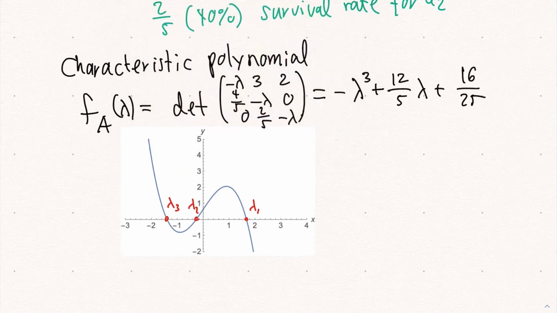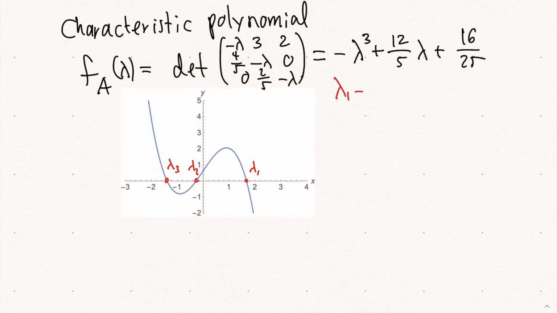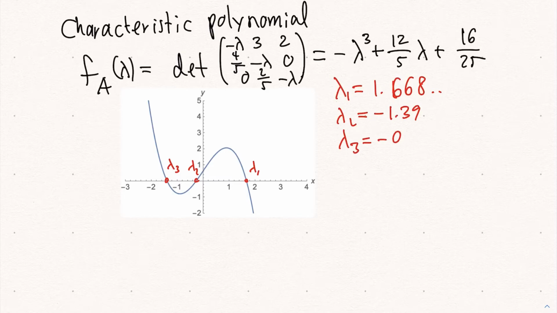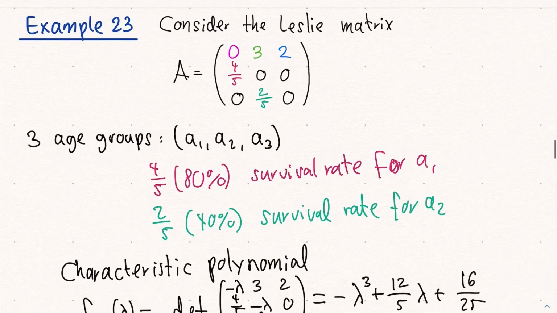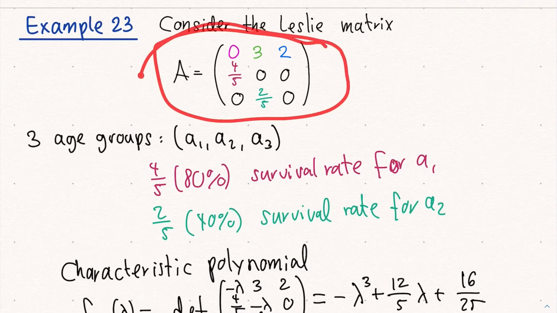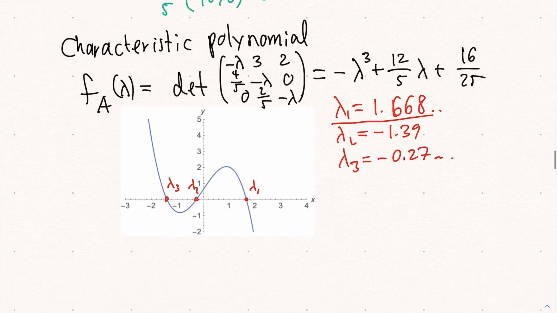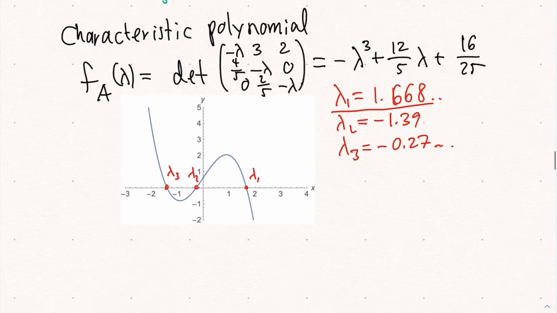In our case the eigenvalues are, lambda 1 is around 1.668, lambda 2 is minus 1.39, lambda 3 is minus 0.27, something like this. So we see here the dominant eigenvalue is 1.668. This means now the interpretation that for population behavior like this, the population will increase, and each generation it will roughly increase by 66%.